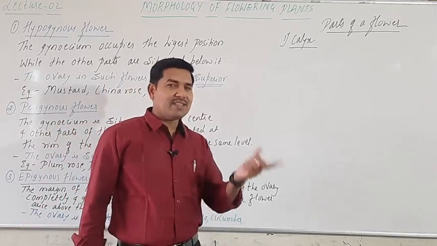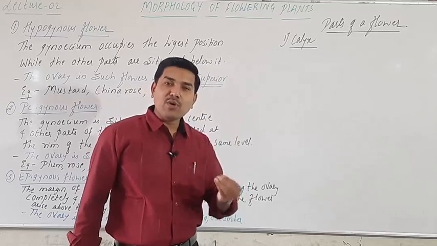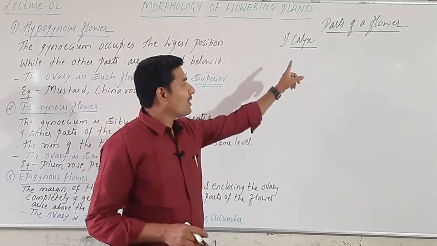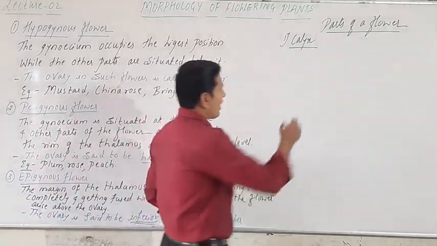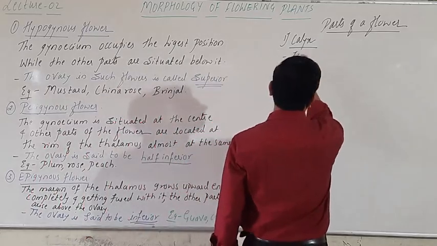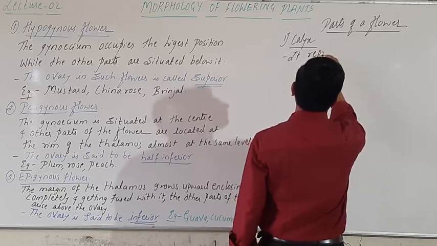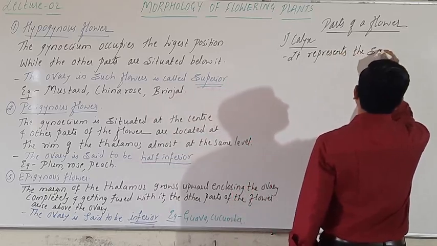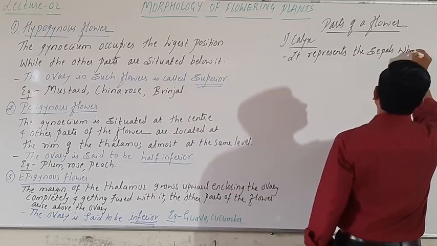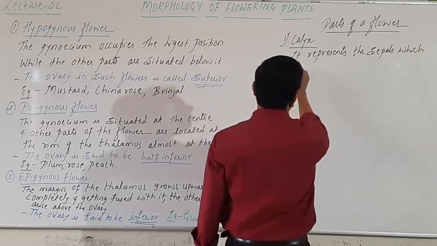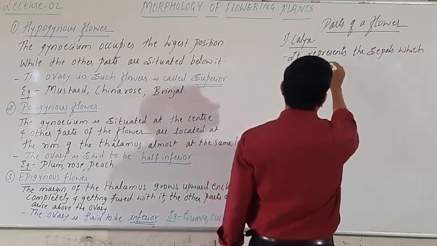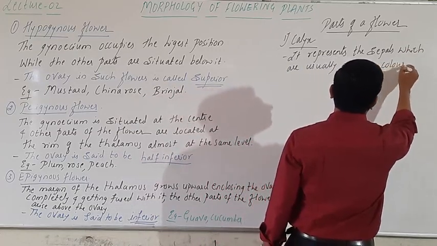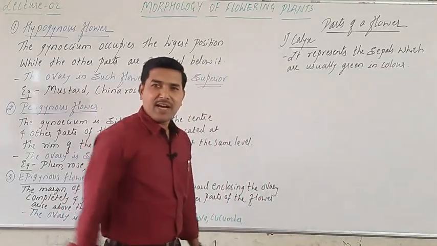Protection of the flower when it is in the primitive growing stage, that is, when the bud forms, what is there for the protection of the bud? Calyx. Okay, so calyx represents the sepals, which are usually green in color. So what is the main function of the calyx? It helps in protection.